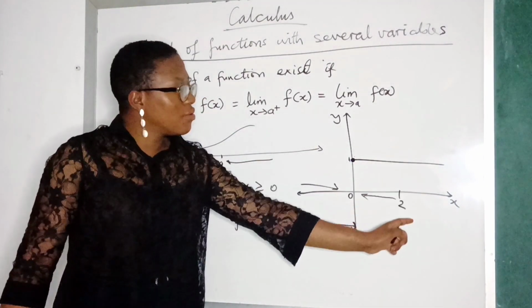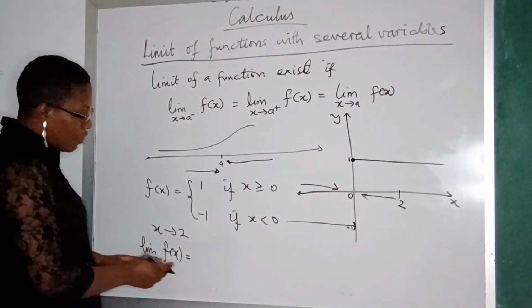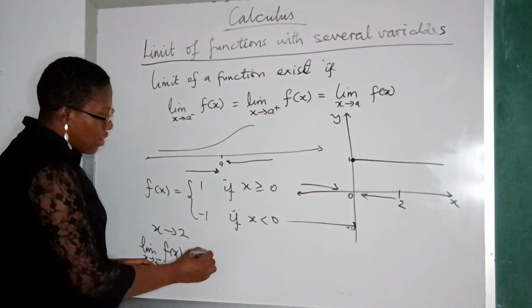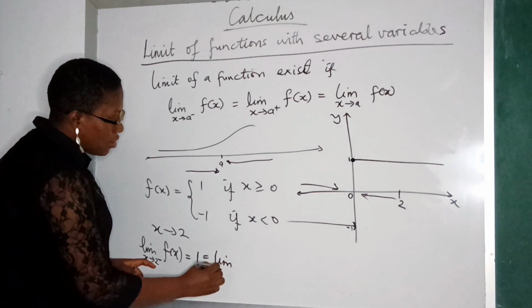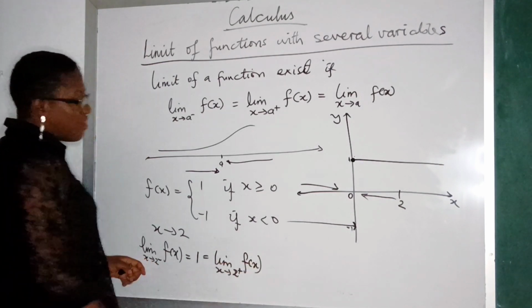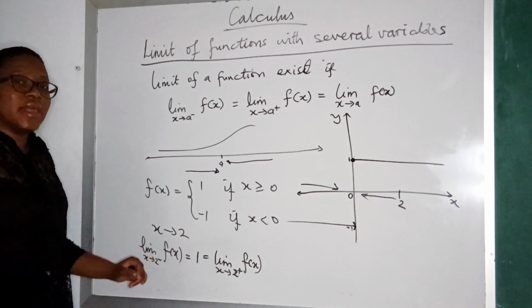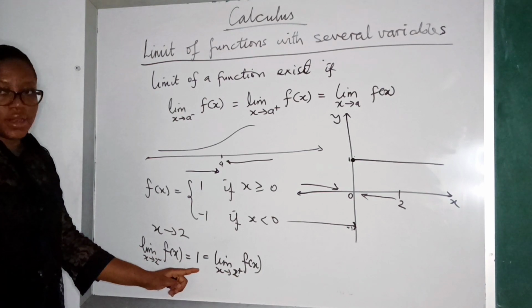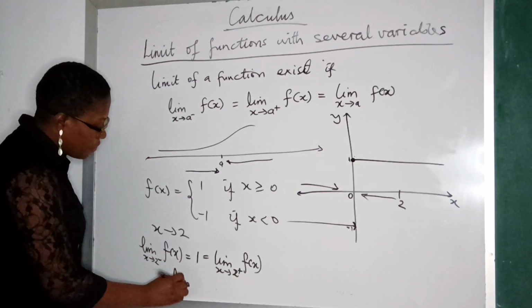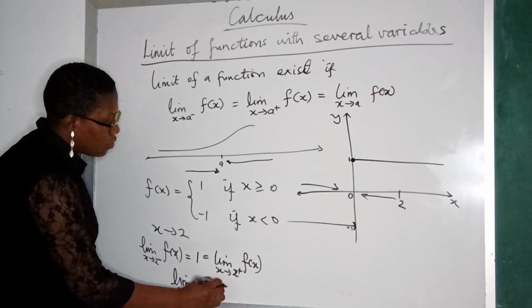Everything around 2 is 1. So the limit as x goes to 2 from the left hand side is 1. From the right hand side it is also 1. Since these limits are equal, the limit exists and it is 1. So the limit as x goes to 2 of f of x is equal to 1.